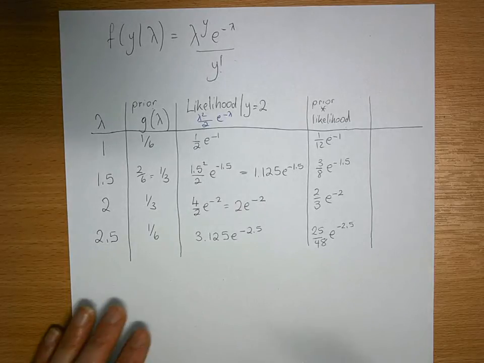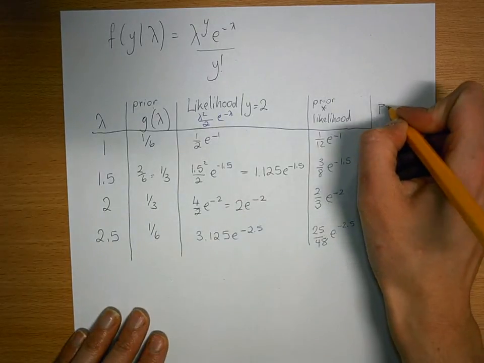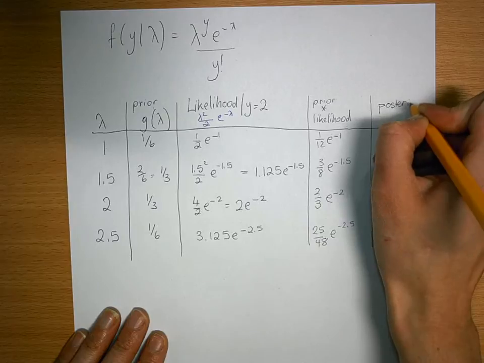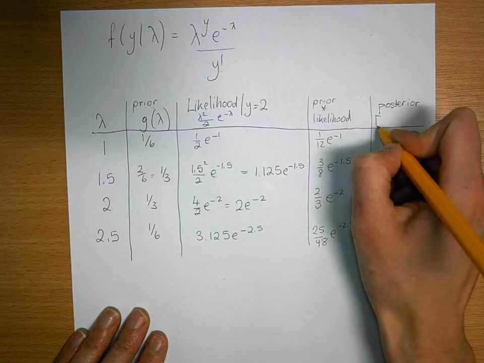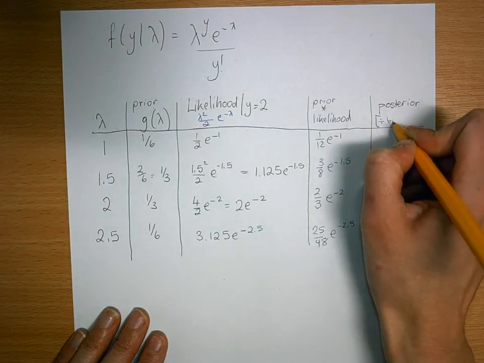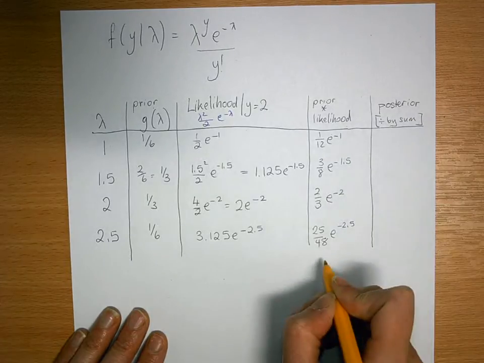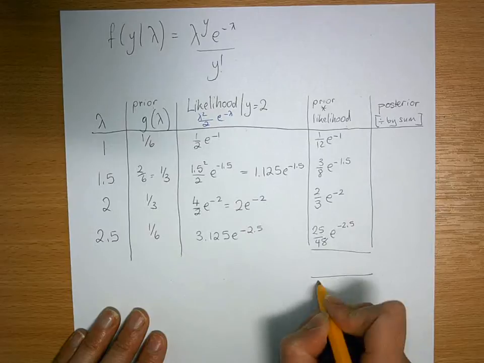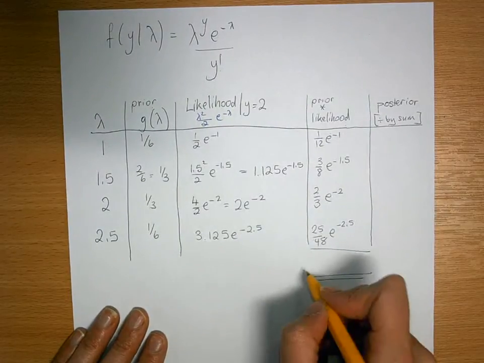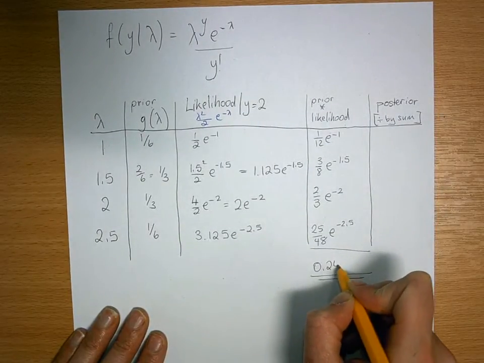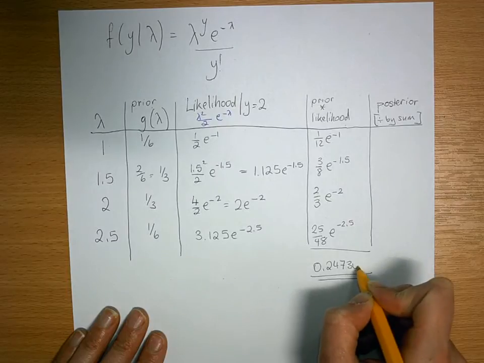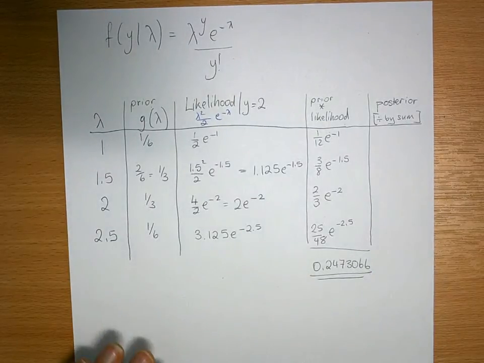Add up to 1. So to turn it into a posterior, you divide by the sum of the previous column, which I've done already and checked. It was 0.247366.